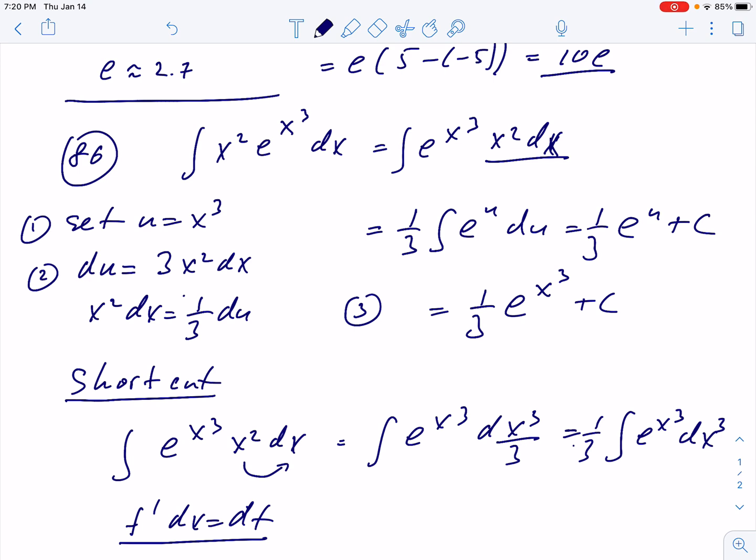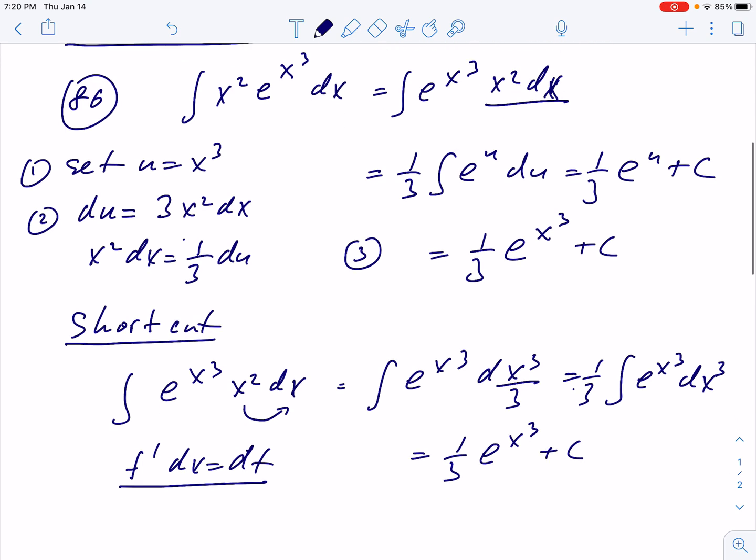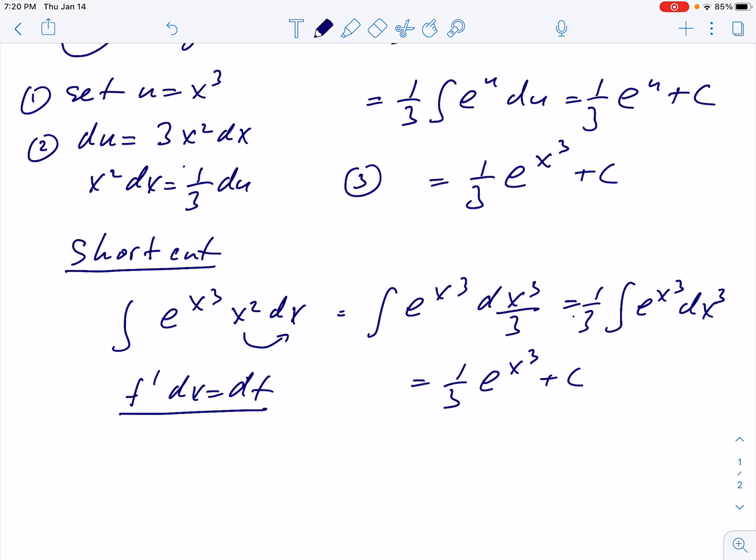It was u in the previous work, but we don't need to introduce a new letter. Just think of this like u, and integration will give you 1/3 exponential x cubed plus c. So we did this without writing new letters. And sometimes it's good to do this because it saves time.